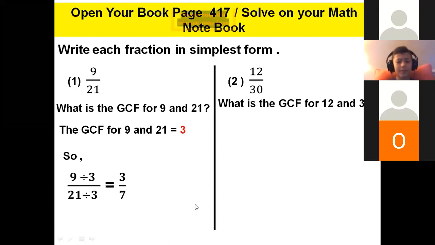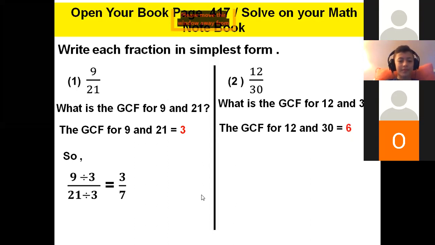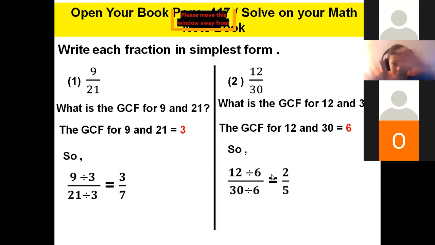So the greatest common factor is actually 6. So when we divide 12 by 6 and 30 by 6, what do we get? 12 divided by 6 is 2. 30 divided by 6 is 5. So this is the fraction in the simplest form.